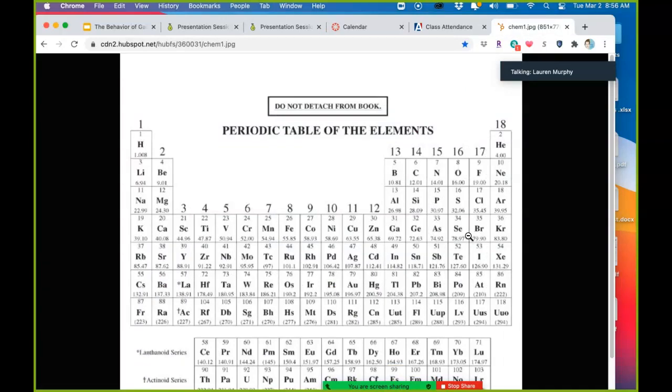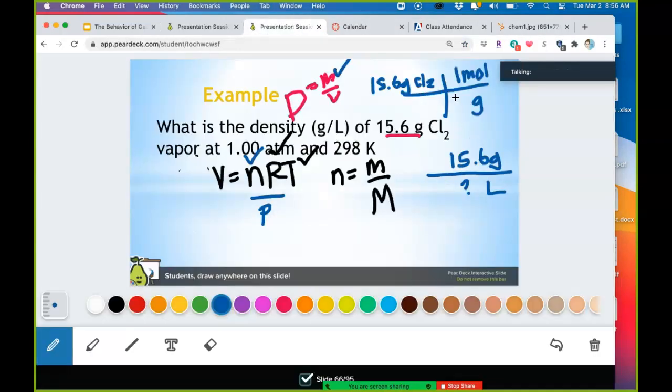So it's 35.45 times 2, so it's 70.9 for the chlorine, because it's diatomic. So 15.6 divided by 70.9 will give you your moles of chlorine instead of your grams. So that ends up being like 0.2200282 something. So my moles are done.